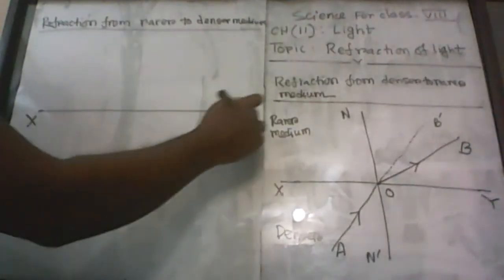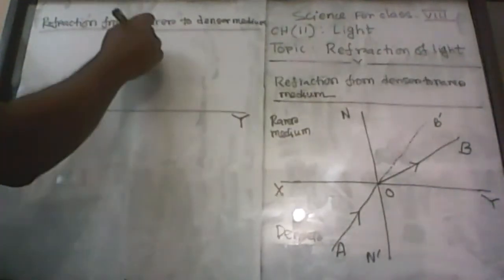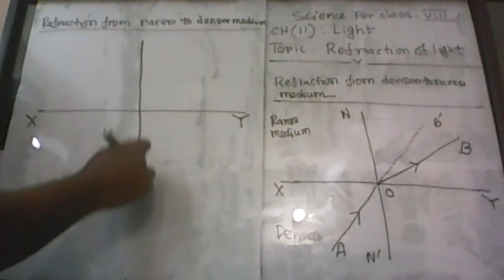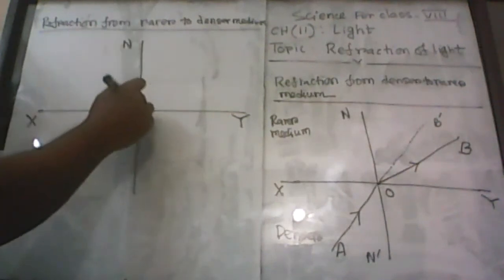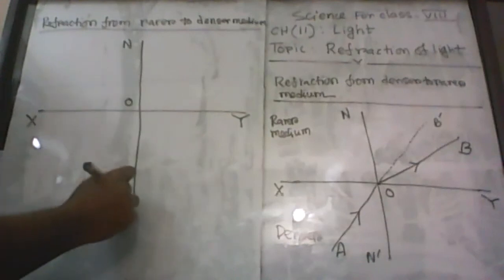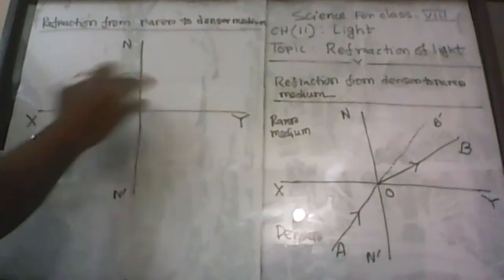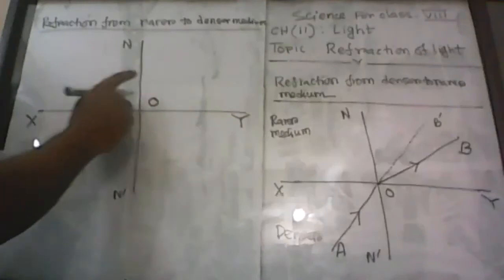XY, and this is the normal line. It is N, O, N prime.